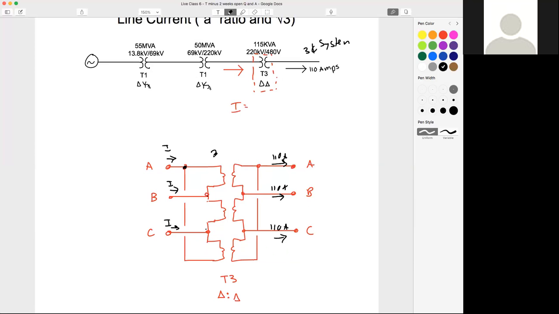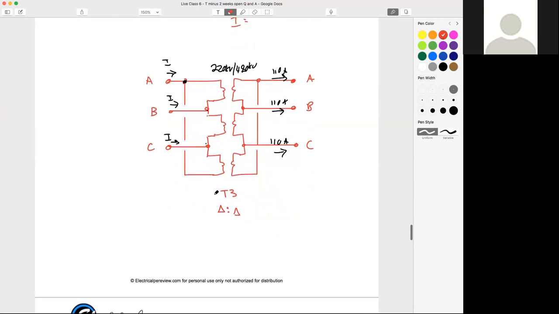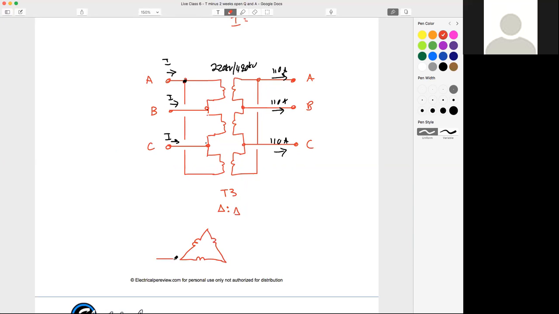And here we have, this is a 220 kV to 480 kV. Another way to look at this is if we drew it like this. Right? Couldn't this also be another way we could draw this relationship?